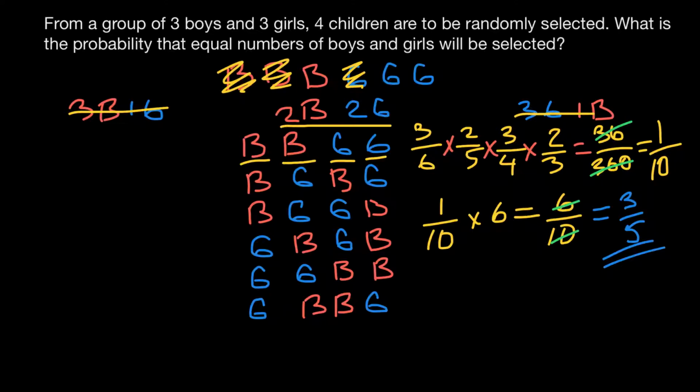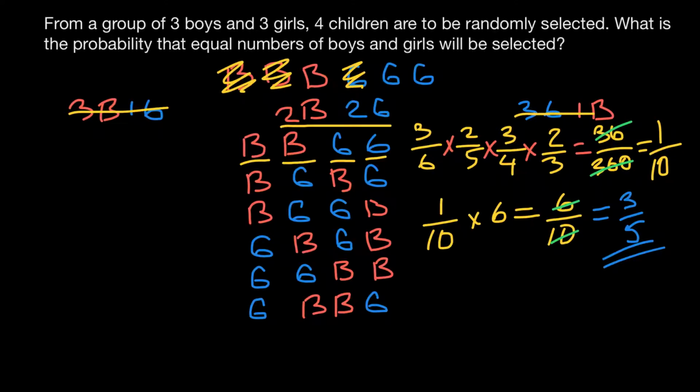Some of you can be confused. For example, we have different combinations here, and it is obvious that if we choose, for example, first a girl, then a boy, the numbers would be different. Actually, the numbers would be the same, just the order of these numbers would be different, but we will have all the same fractions. And if we just change places of these fractions, this is not going to affect our calculations.